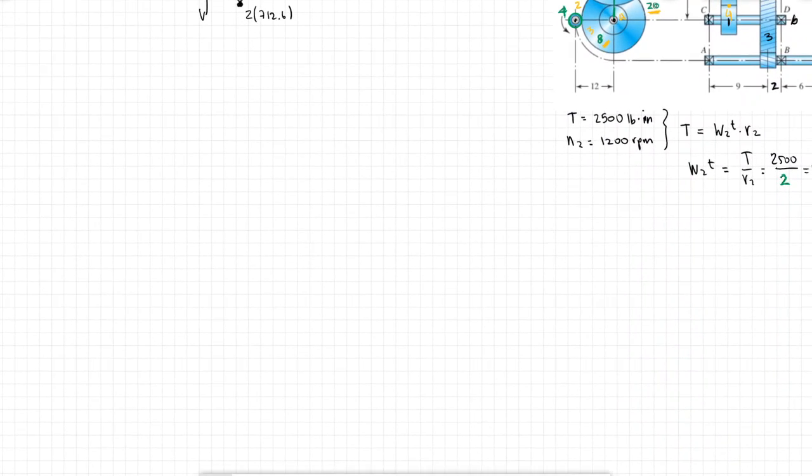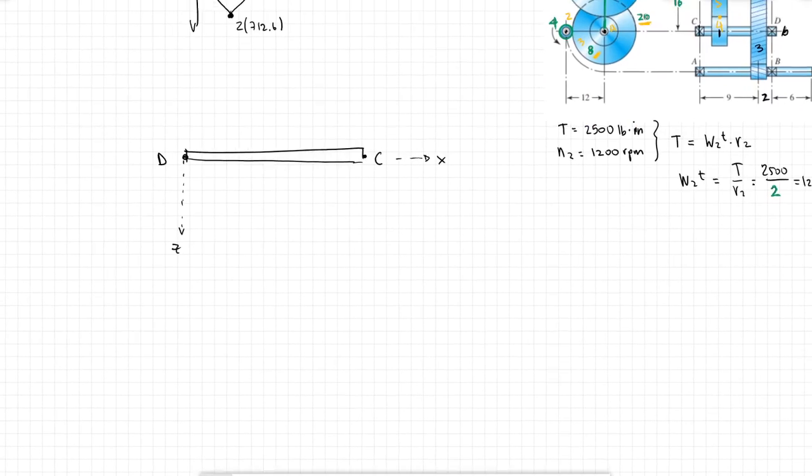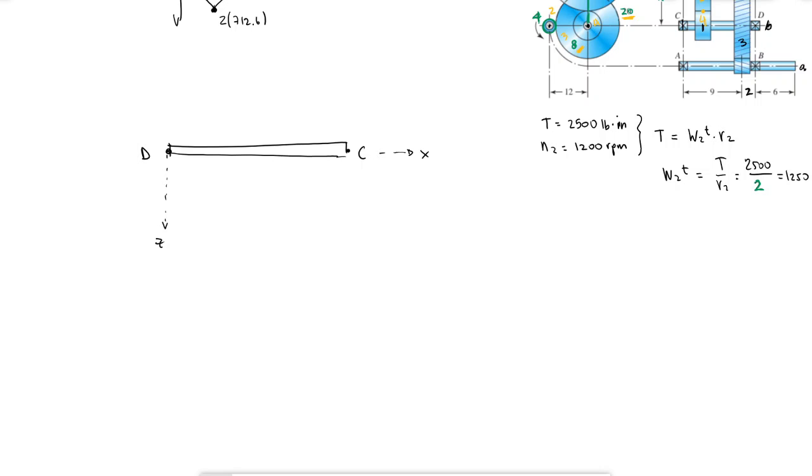So what I just said is D on the left, C on the right, this being the X, this being the Z. Looking down at it, I'm going to have the green vector. Let's use the colors.